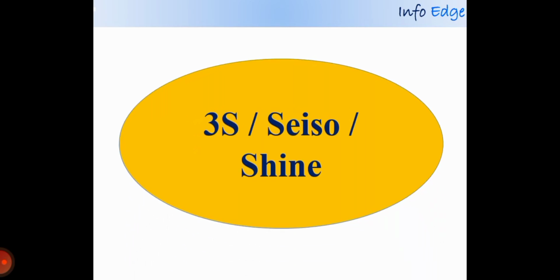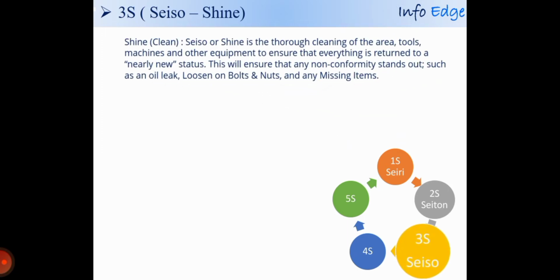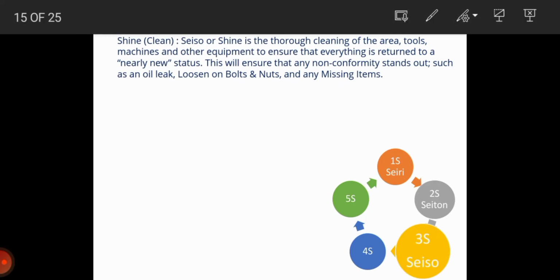And we will go to the third S, that is Seiso, or shine. Basically it is a cleaning step. Seiso, or shine, is the thorough cleaning of the area, tools, machines and other equipment to ensure everything is restored to a nearly new condition.